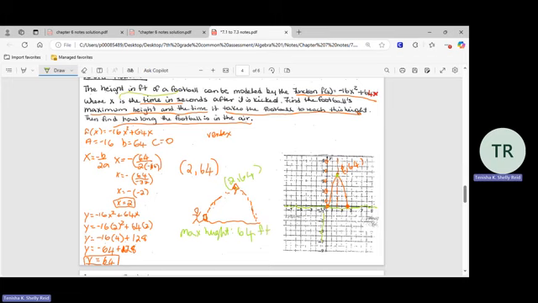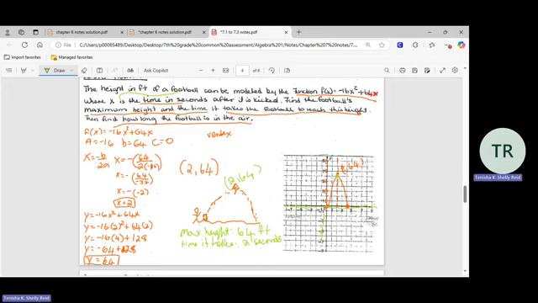And then they want to know, how long does it take the football to reach this height? Well, for it to get to the vertex, t is time, it's going to take us 2 seconds. So the time it takes to reach the height is 2 seconds.